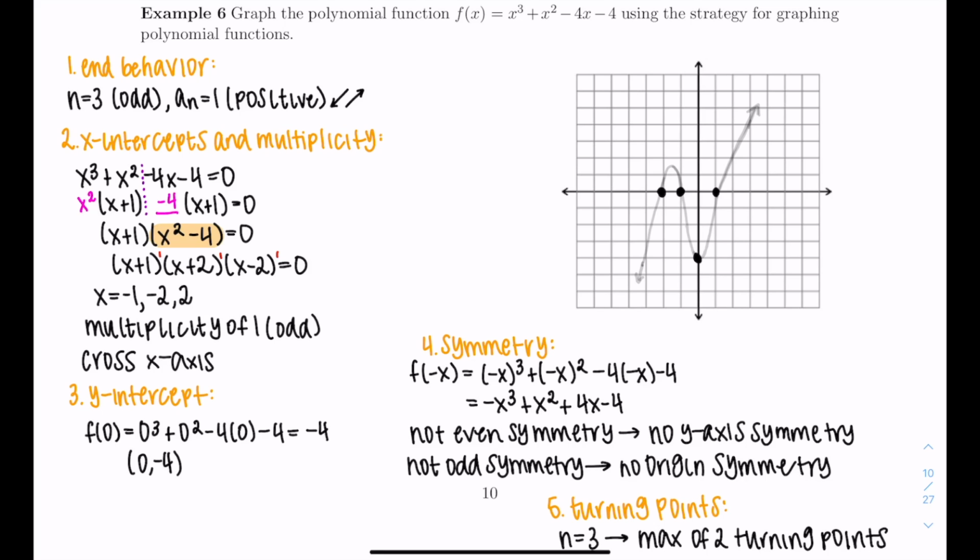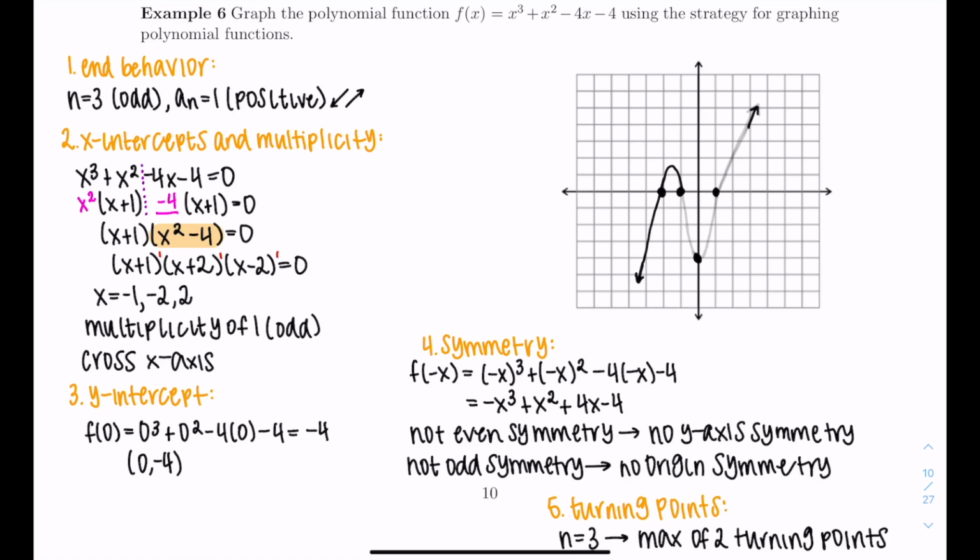We don't have any symmetry we have to worry about, and so we know that between these x-intercepts that it crosses the x-axis. We know that our end behavior, this is falling to the left and rising to the right, just as an idea. And so as I'm drawing this, we're coming up to our x-intercept and we're going to cross, and we got to turn around to hit this other x-intercept.